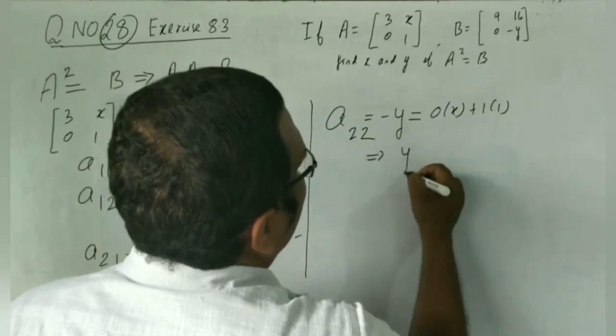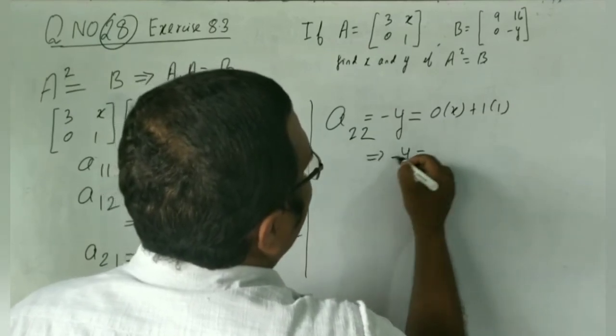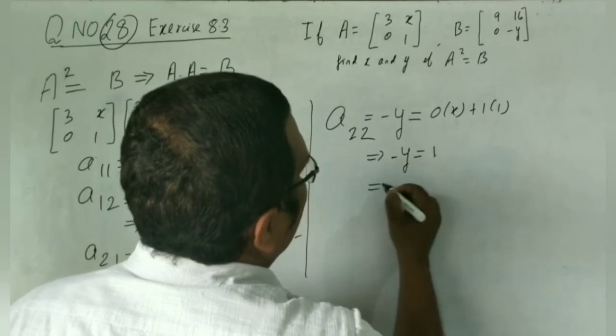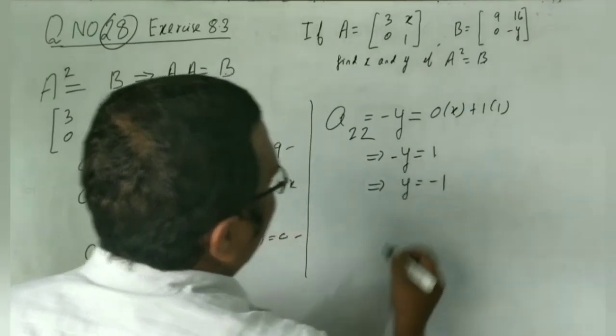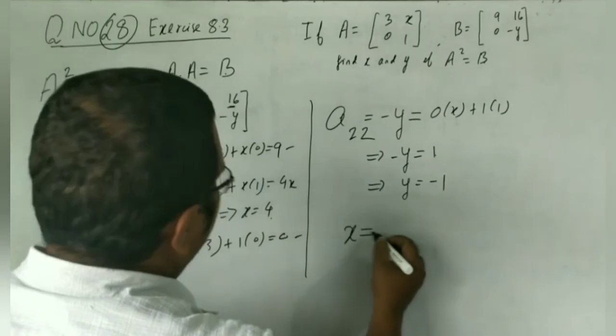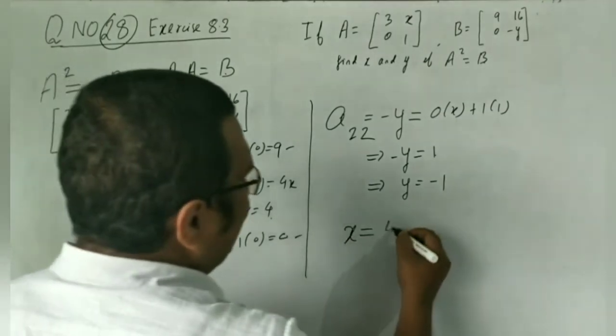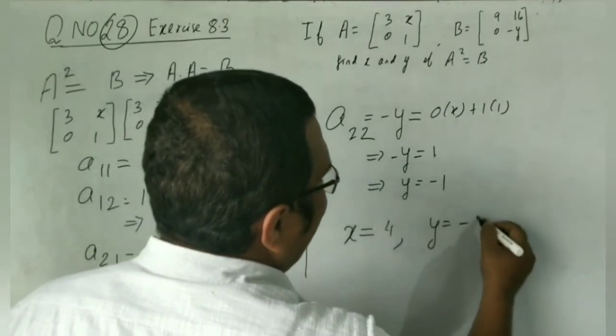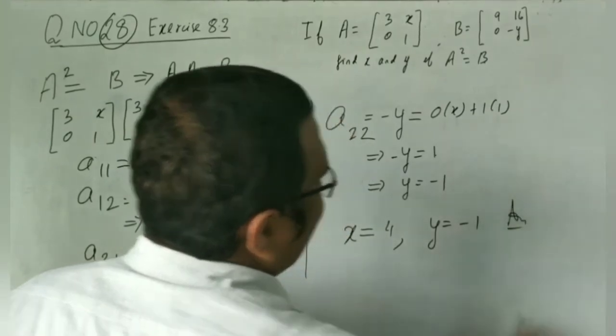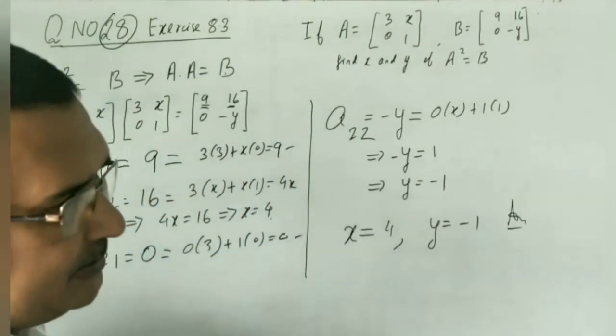And we have minus y is equal to 1. That is y is equal to minus 1. So ultimately we have x is equal to 4 and y is equal to minus 1. This is the answer. And it's an ICSE question also.